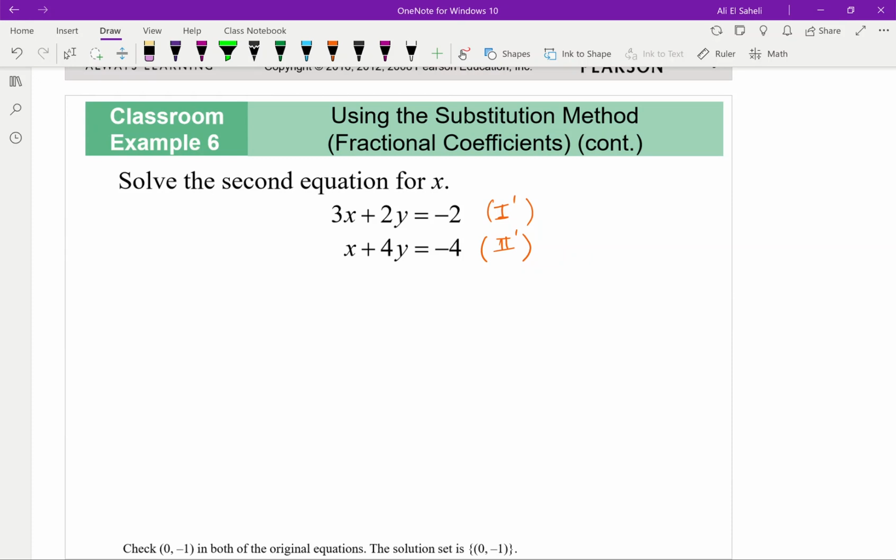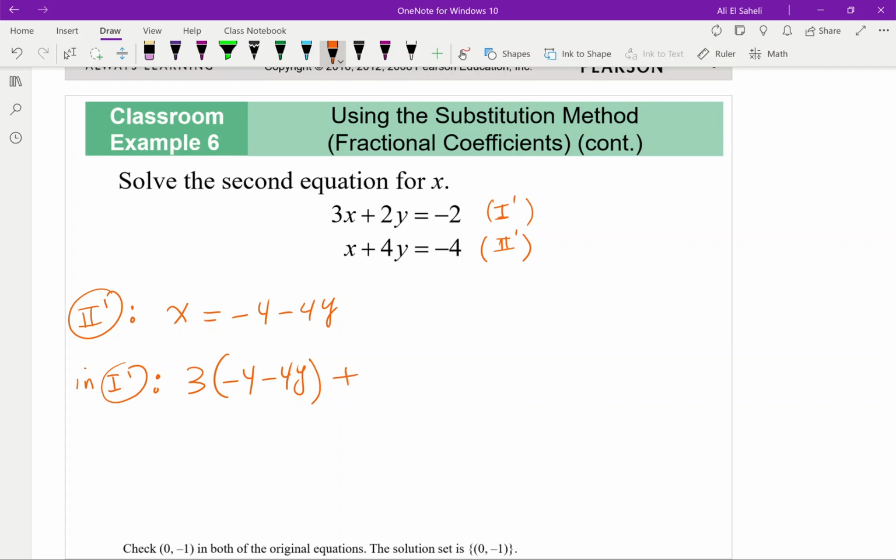Now, using equation 2 prime, we can find x equals minus 4 minus 4y. Use that in 1 prime. So 3 times x plus 2y equals minus 2. 3 times minus 4 minus 4y plus 2y equals minus 2.